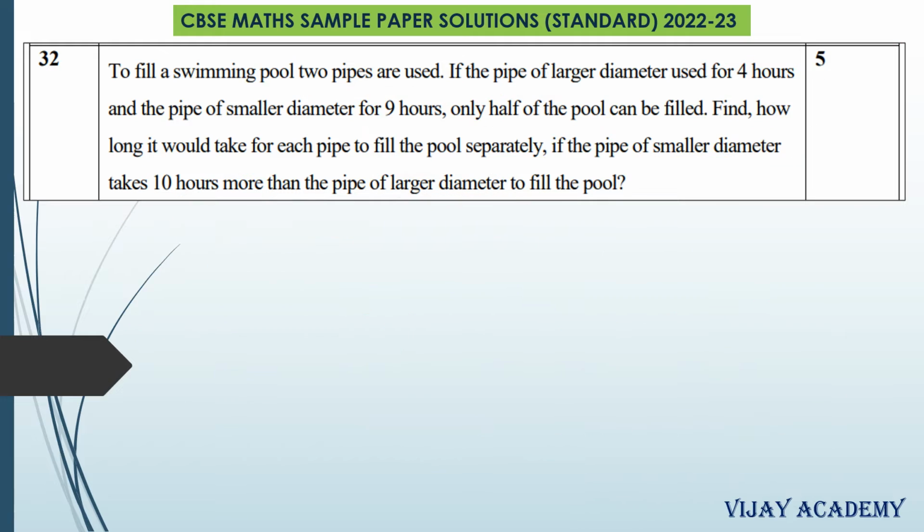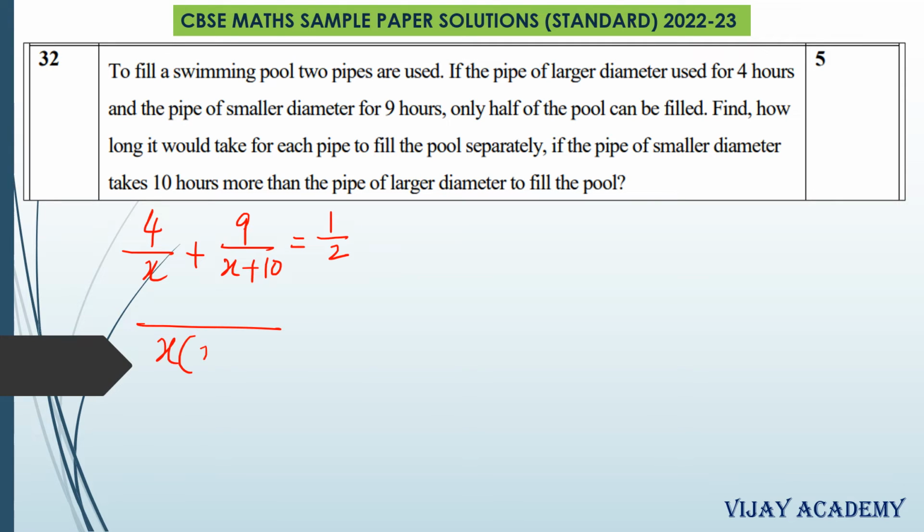So let us equate these together to 1 by 2. So we take 4 by x plus 9 by x plus 10 equals 1 by 2. Let us simplify this by taking LCM.